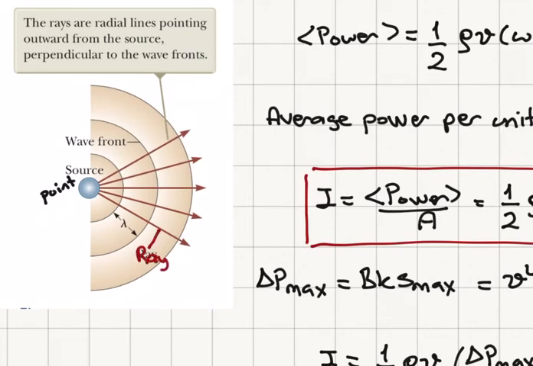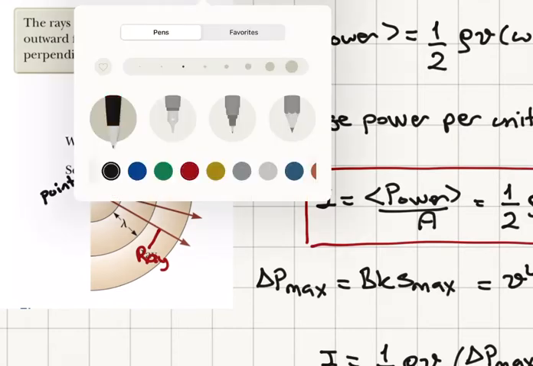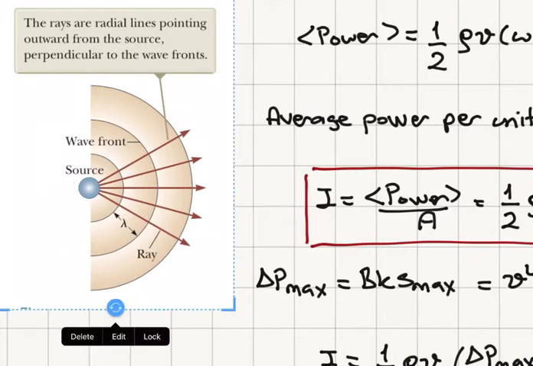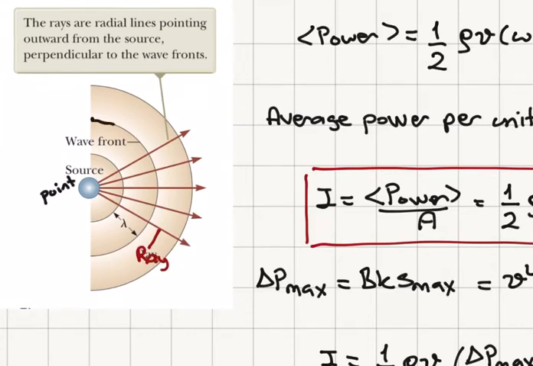When I look at the maxima and minima as I go radially outward from the source, I find that points equidistant from the source, all of the maxima, line up along a circular arc in which I have a constant phase relationship.